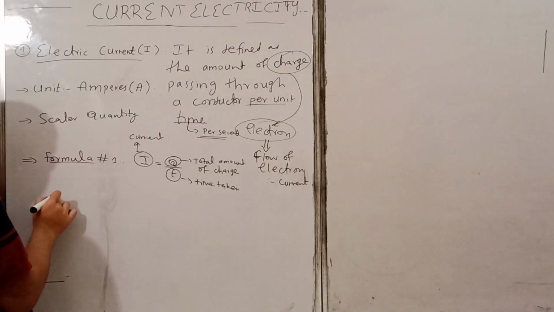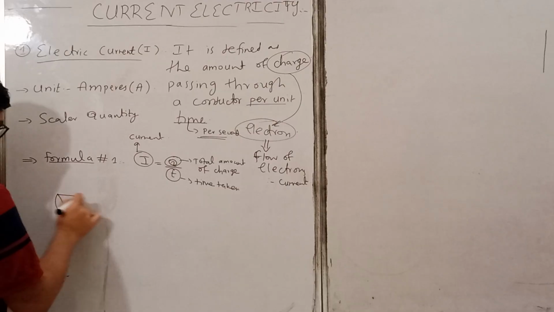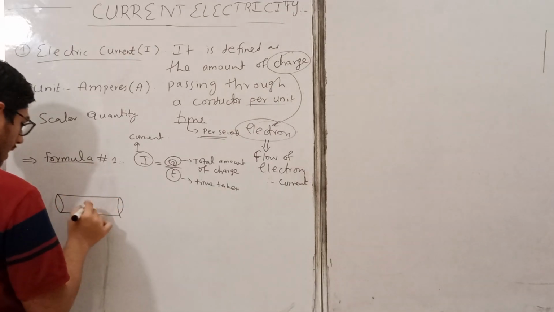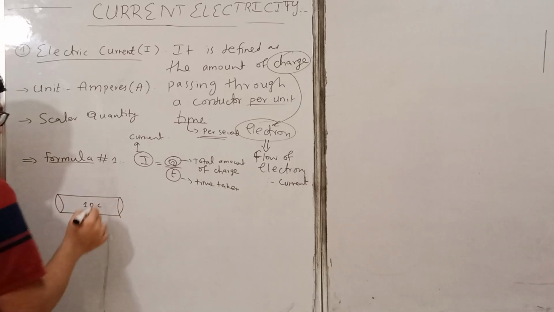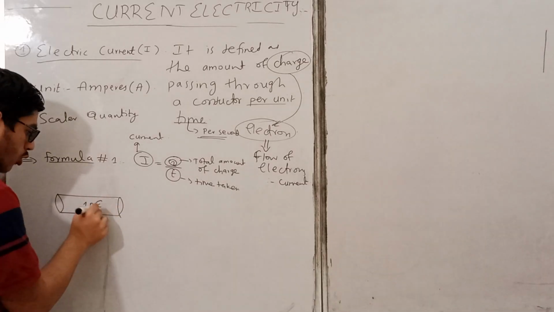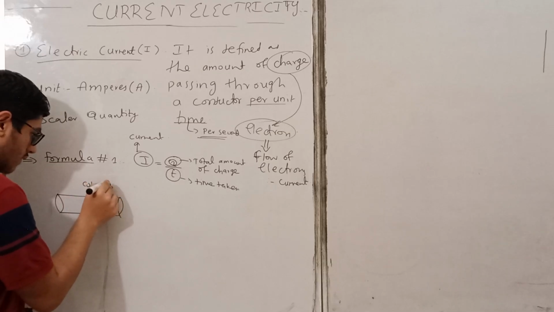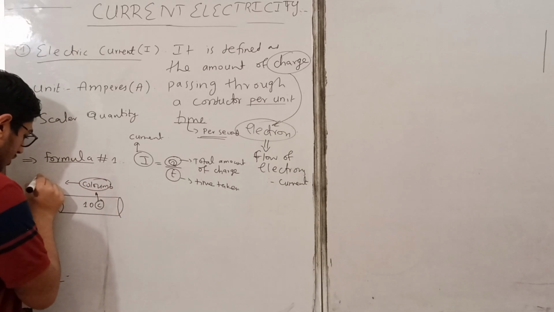Suppose this is an electric conductor through which 10 coulombs of charge is passing. Coulomb is represented by C and it is a unit of charge.